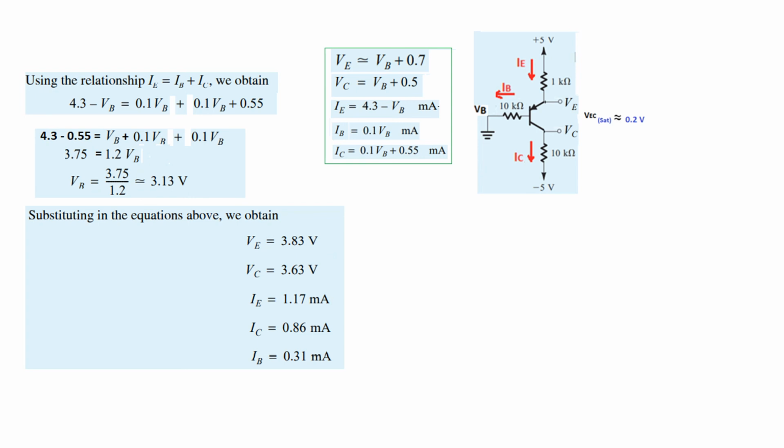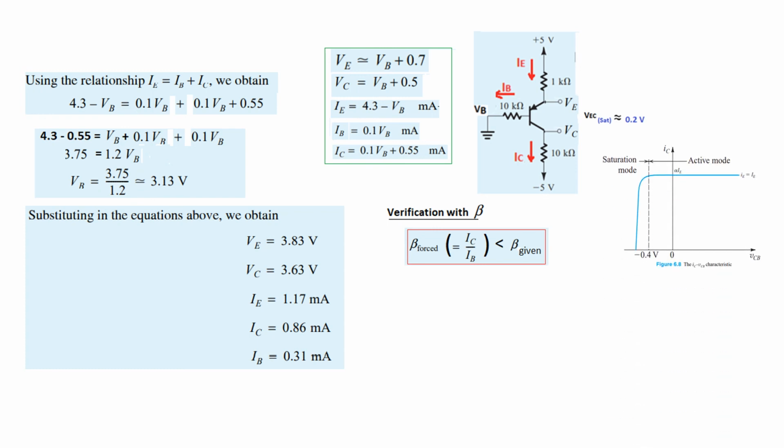Now we'll again try to verify this using the beta, and we have learned earlier that beta forced, which is equal to IC over IB, should be less than beta given for the transistor to be in the saturation mode. Now why is it called beta forced?